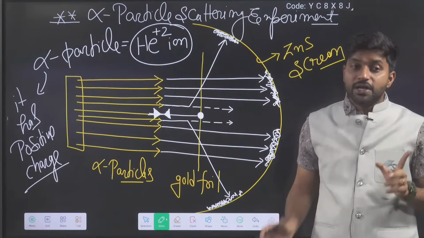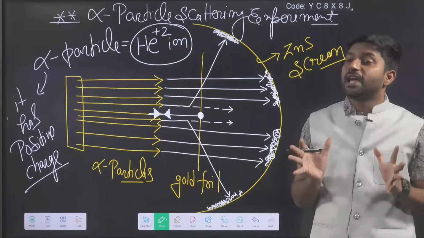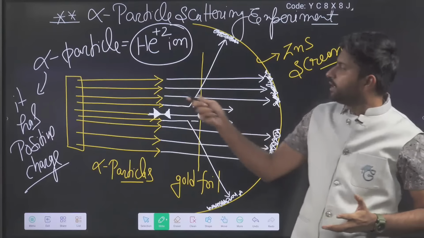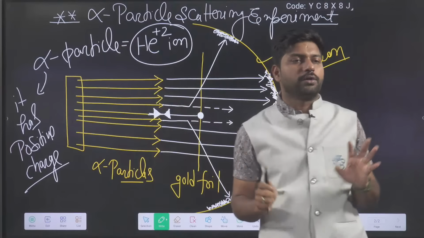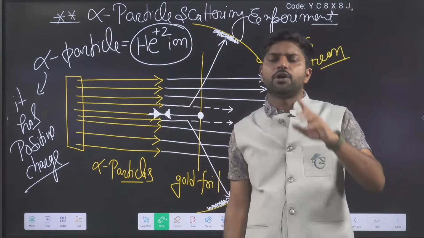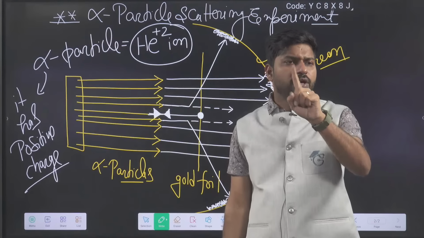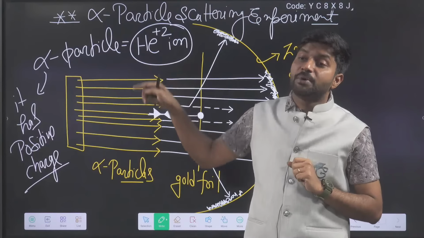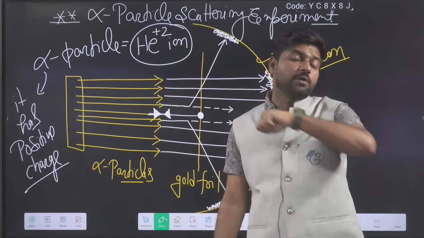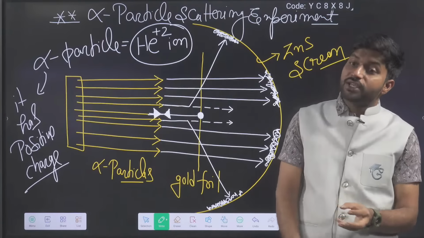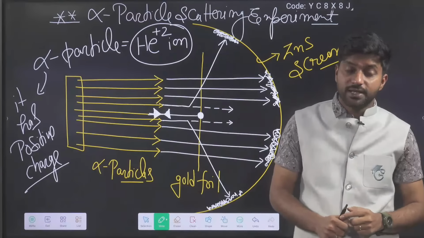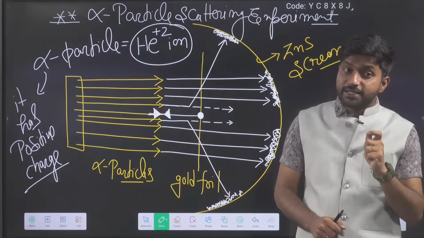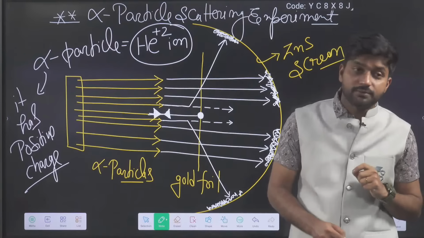It is okay that the alpha particle is heavier than the proton. Yes or no? Because the proton mass is 1. Helium plus 2 ion means the alpha particle mass is 4 times that of the proton. So obviously the alpha particle is heavy. Yes, the alpha particle is heavier than the proton.